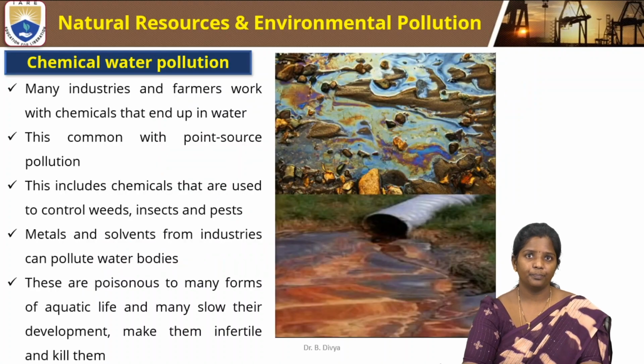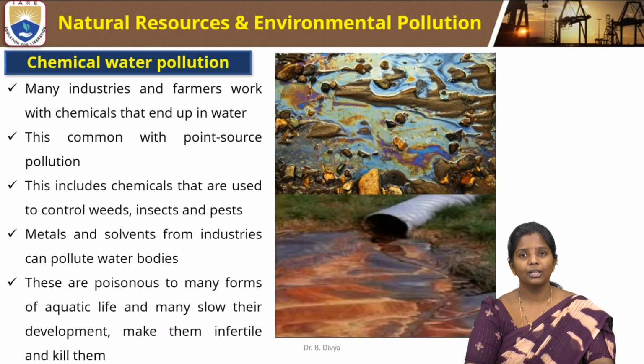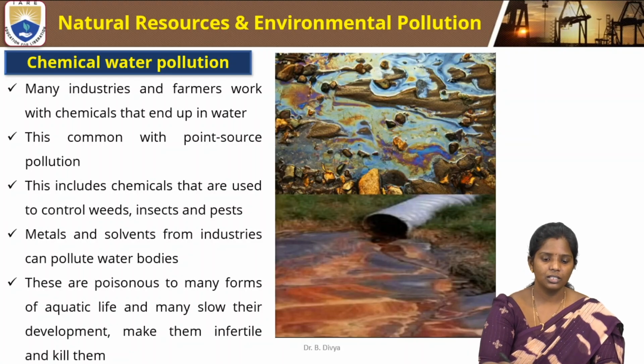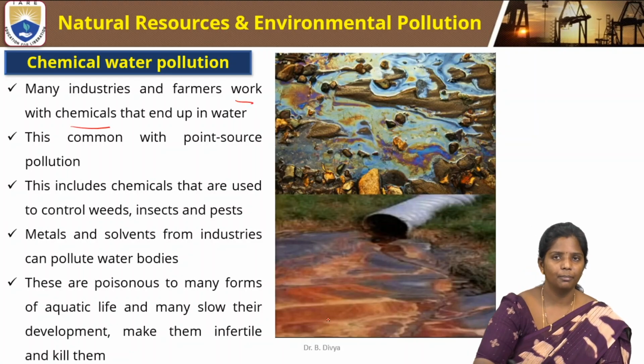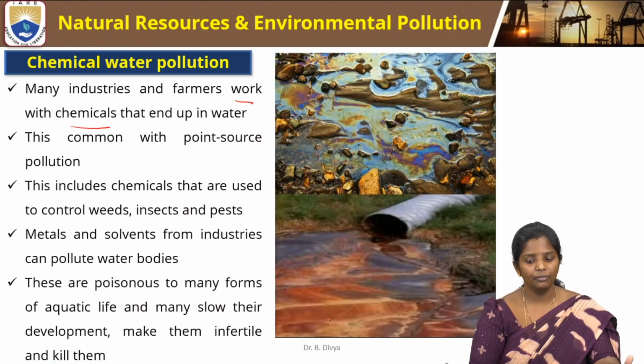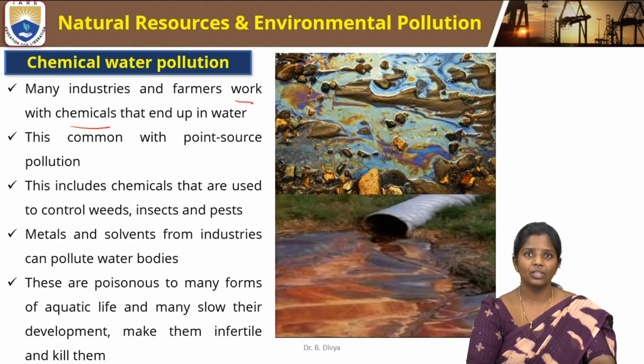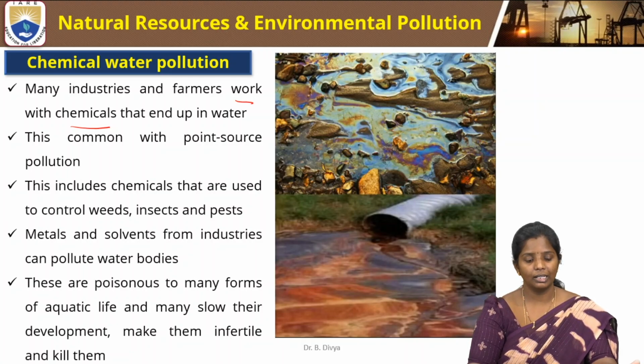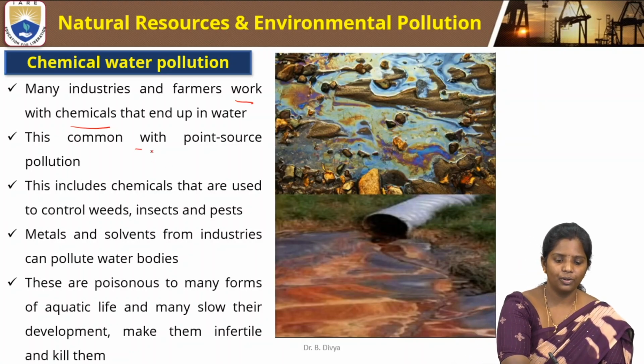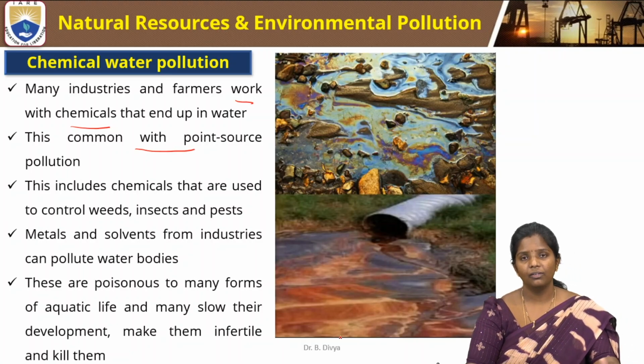Next is chemical water pollution. Many industries and farmers work with chemicals like fertilizers, which go into the water in nearby areas because of the washing of these pesticides or insecticides during the rainy season. This is a point source, where we can identify that it is coming from that particular source.